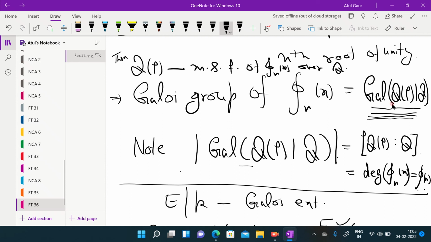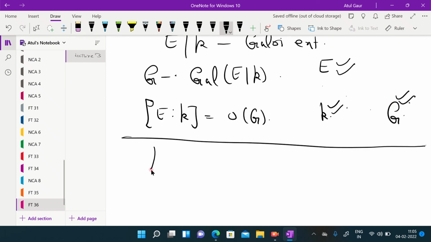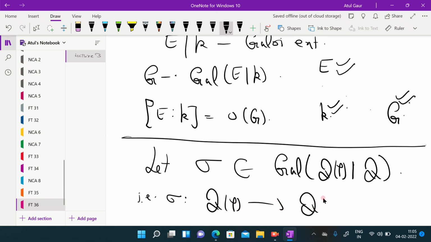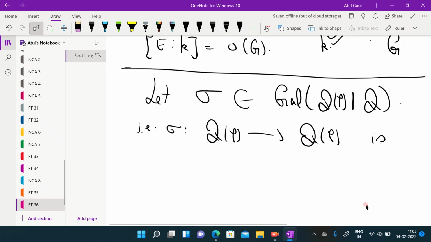Is that fine? Let's say sigma is in the Galois group of Q(rho) over Q. That is, sigma from Q(rho) to Q(rho) is a Q automorphism.